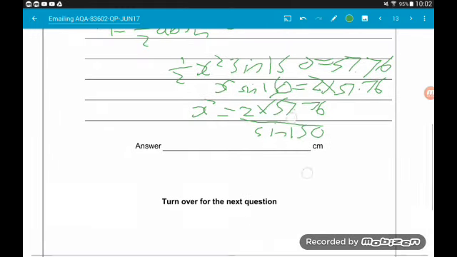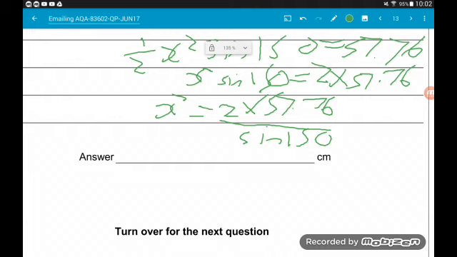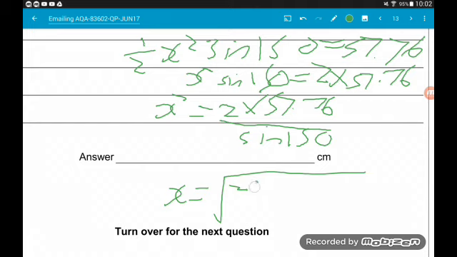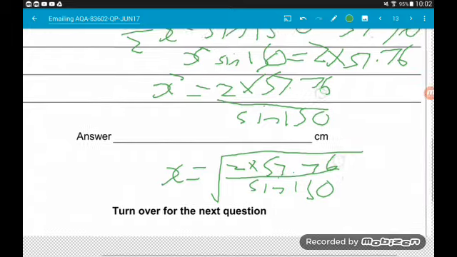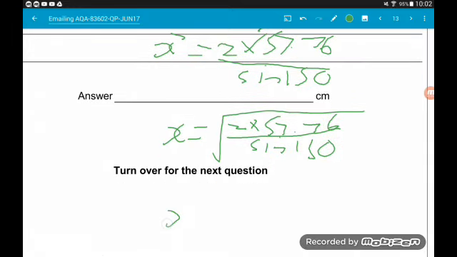And then finally, to get what x is, square root all of that. So the square root of 2 times 57.76 divided by sine 150, and we will get x equals 15.2 centimetres. Jobs again.